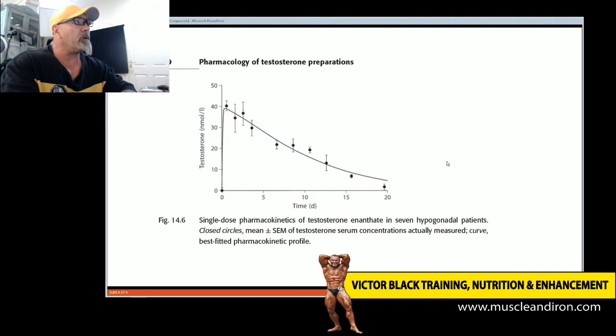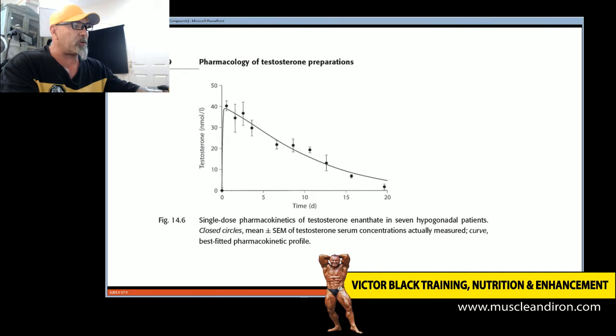This is what we would call a peak and a trough, and there has been a significant amount of investment in multi-ester compounds trying to come up with a solution that provided a smoother delivery of hormones over a longer time frame of administration. That's the premise, the idea behind multi-ester compounds.